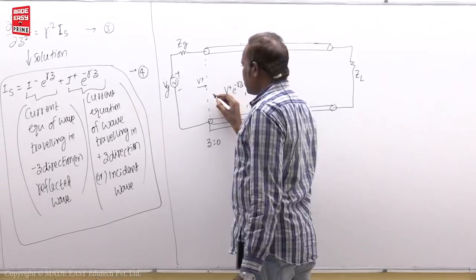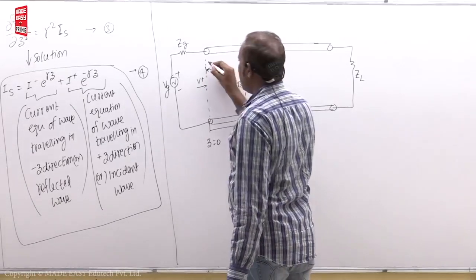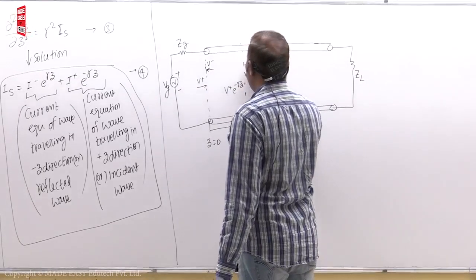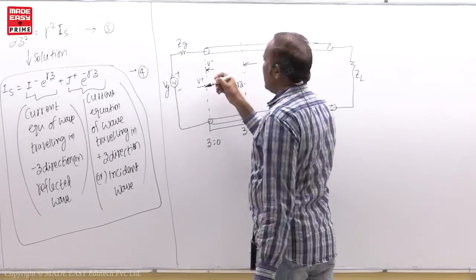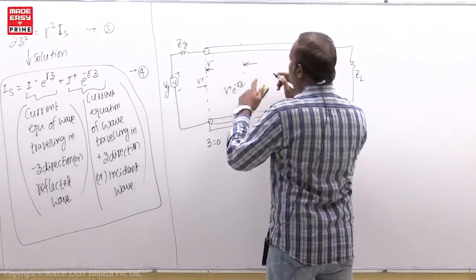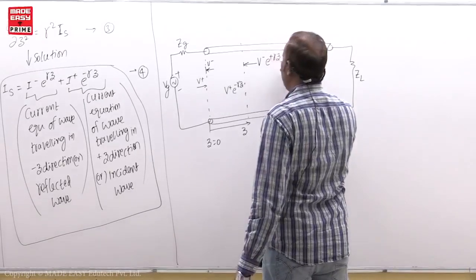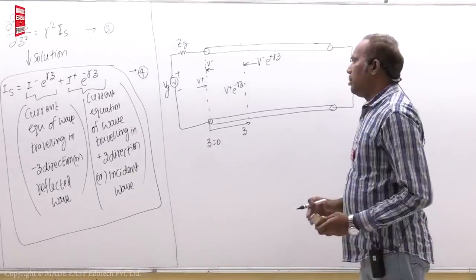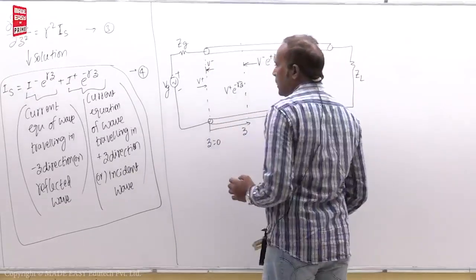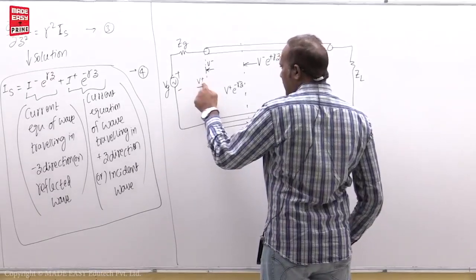Similarly, for the reflected wave voltage at z = 0, the initial value is V minus. Now when it is coming in this direction, this value reduces and remains this much, so here more value should be there. So V⁻ e^(γz). Briefly, students, at z = 0 the initial value of the incident voltage is V plus.